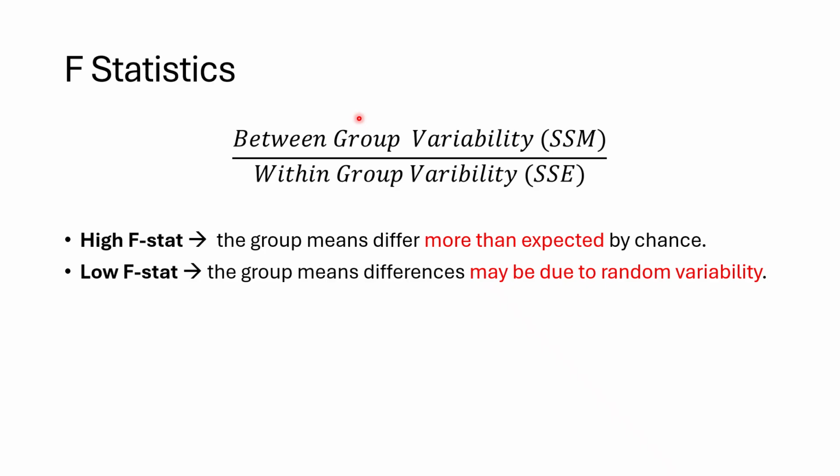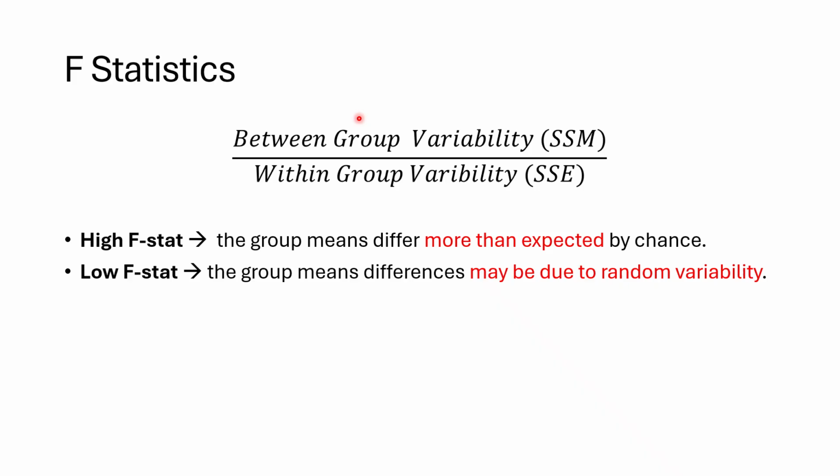For example, if we are comparing the diastolic blood pressure between overweight individuals, normal weight individuals, and underweight individuals, and we see that between group variability is much higher than within group variability. Of course, those who are underweight will have variability of diastolic blood pressure among themselves, and the same goes with the other two groups.